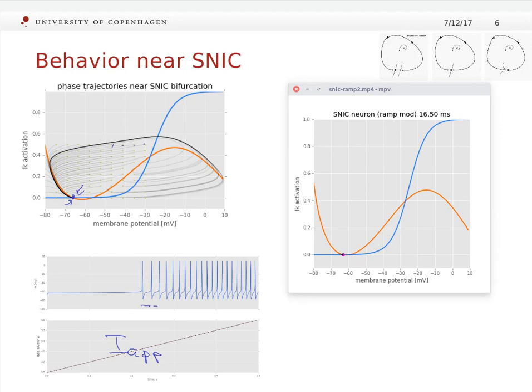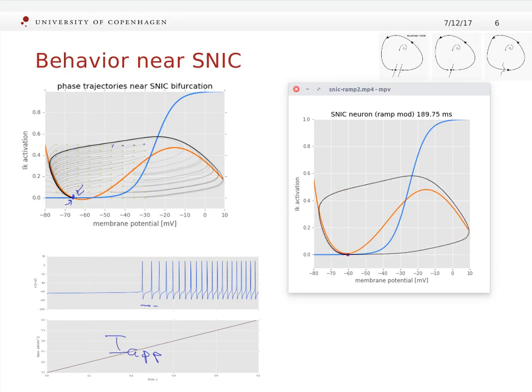So at first the system dwells in a resting state, but we are actually pulling the V nucleon up, and you can see that the system slips through the slow valley between the two nucleons, and you can actually see how it slows down in this slow valley, but then it produces the rest of the spike quite fast.